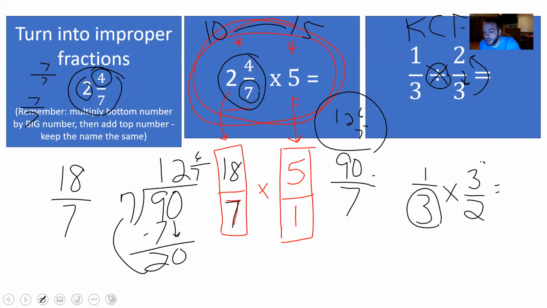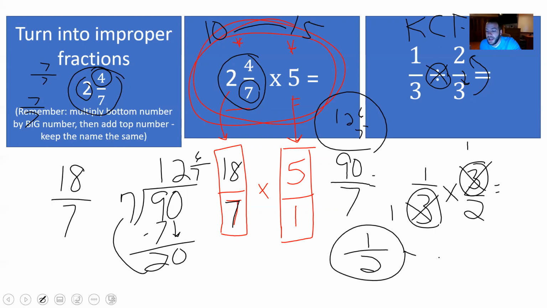See how they're both 3s? If you count by 3s for both of them, that turns this into a 1, that turns this into a 1. 1 times 1 is 1, and 1 times 2 is 2. That answer is 1/2. Okay, so 1/3 divided into 2/3 is going to be 1/2.